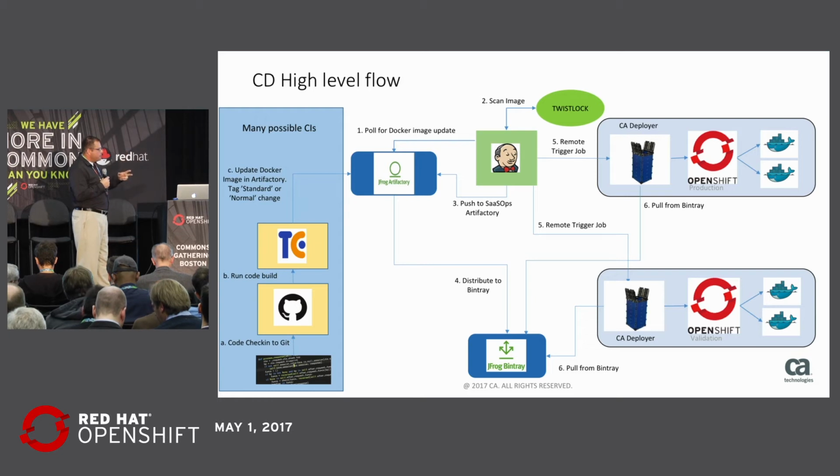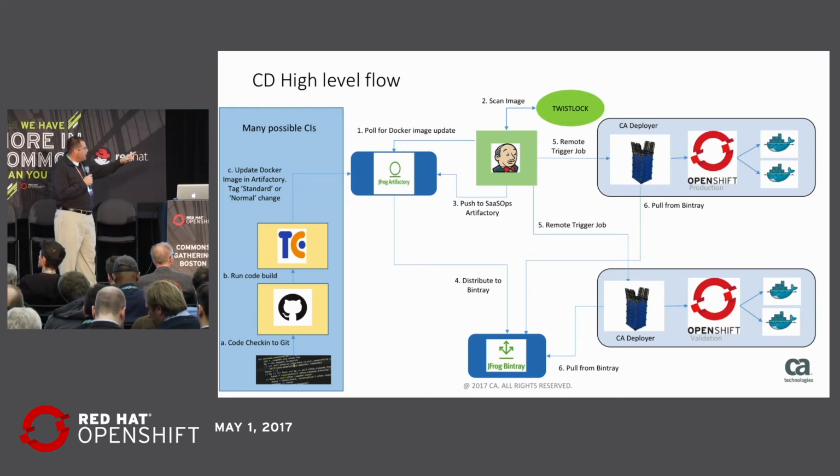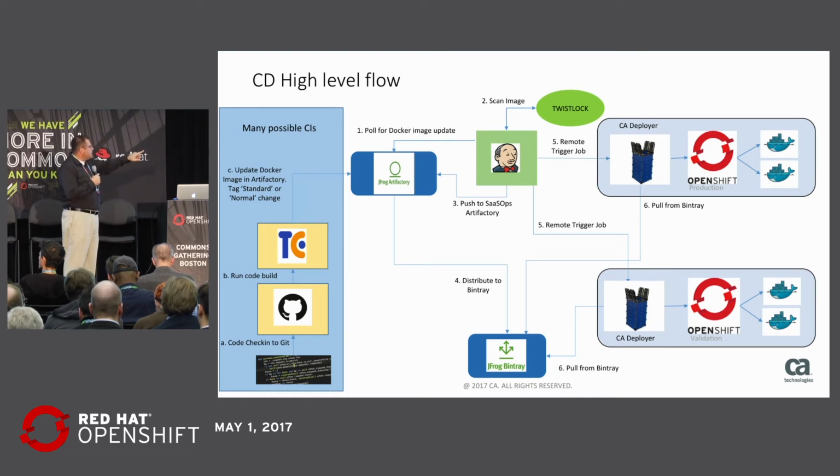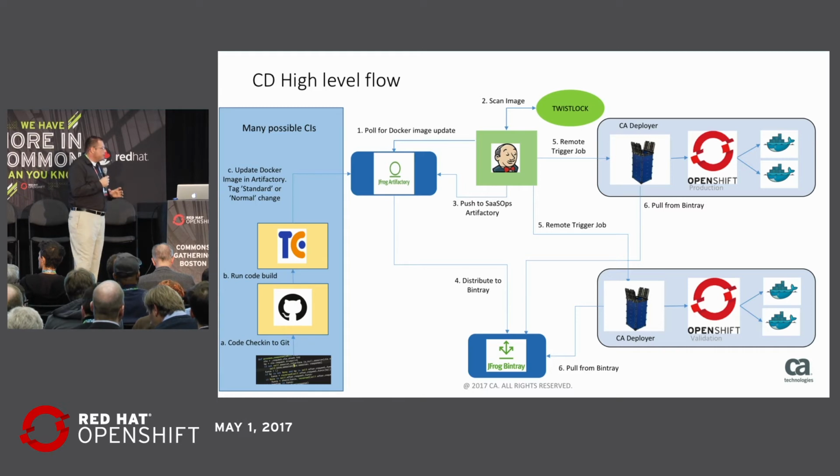There would be two different paths. One, TeamCity could make an API call to Jenkins to notify that there is a new image or a modified image, basically. So Jenkins will pick up that job. It'll scan it with Twistlock and ensure there are no vulnerabilities, no CVEs.